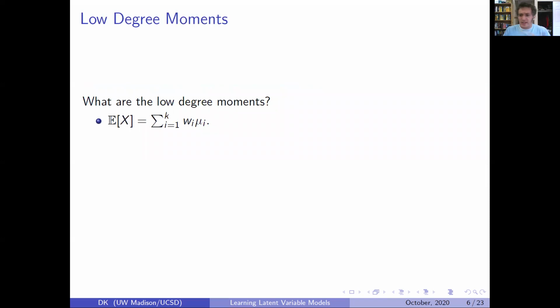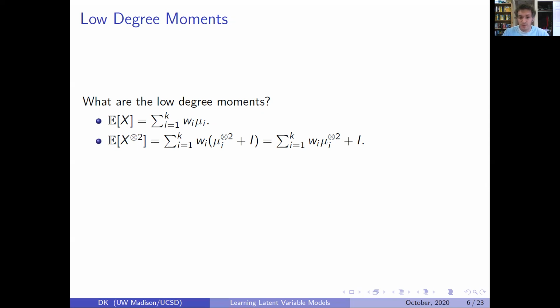Before we get into too much detail on this, we should ask ourselves, what are the low degree moments of this random variable? Well, for the expectation of X, with probability w_i you get a sample from a component with mean mu_i. And so the expectation should be just the sum of w_i times mu_i. Now, for the second moment, we need to know the second moment of this spherical Gaussian component.